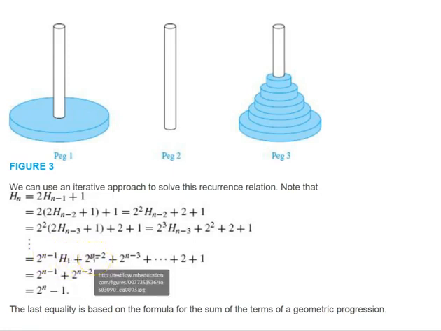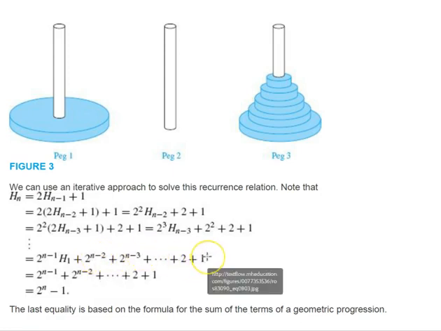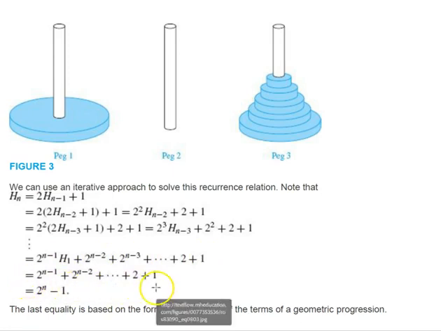And then add the consecutive powers of 2 starting from n-1 ending at 0. But h1 is 1, so we get this sum, which is the sum of a geometric progression, and it is equal to 2 to the n minus 1.